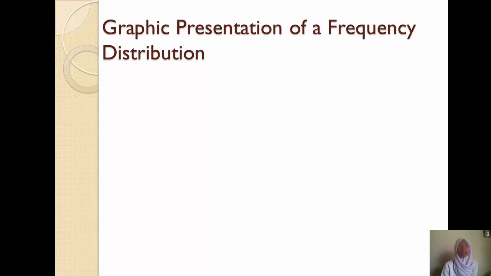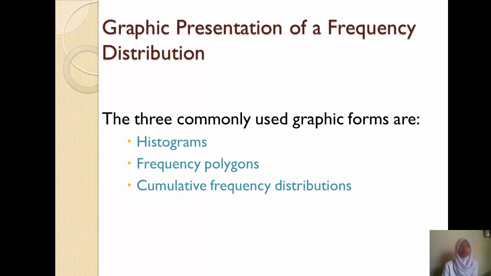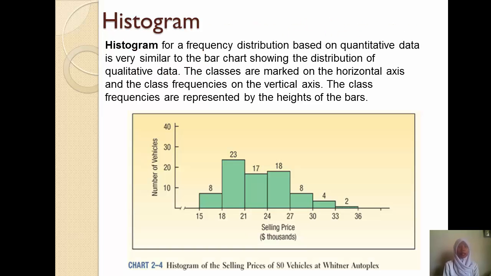Next, graphic presentation of a frequency distribution. The three commonly used graphic forms are histogram, frequency polygon, and cumulative frequency distribution. Histogram. A histogram for a frequency distribution based on quantitative data is very similar to the bar chart showing the distribution of qualitative data.